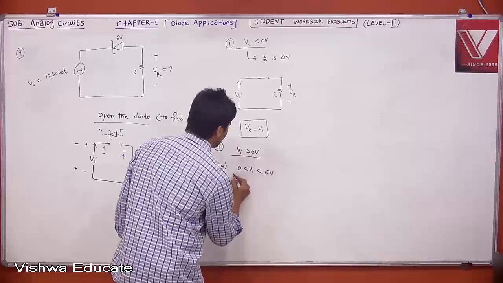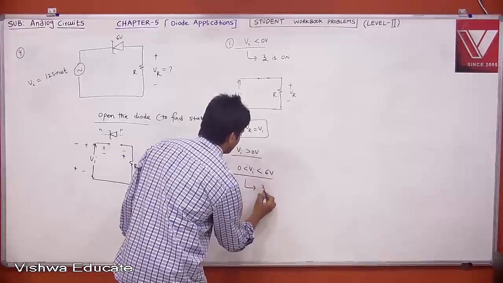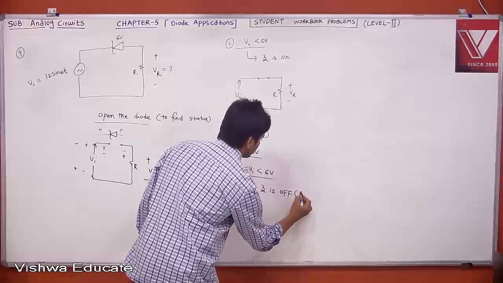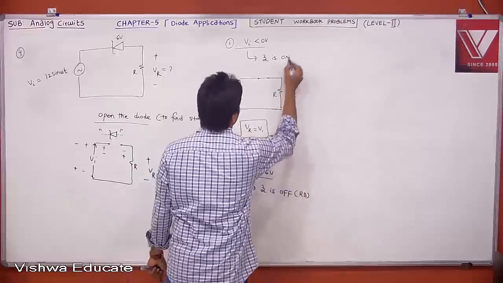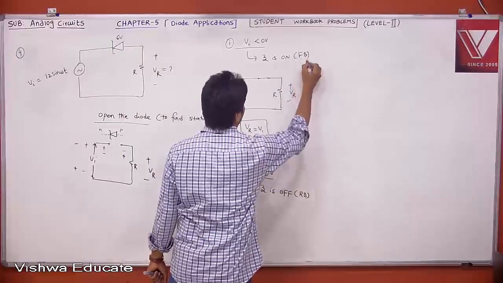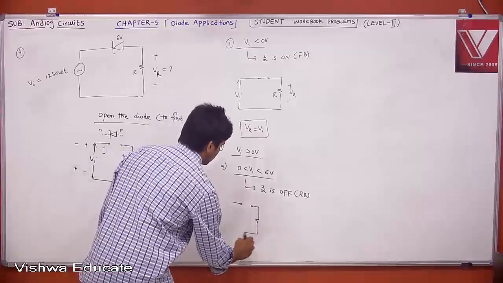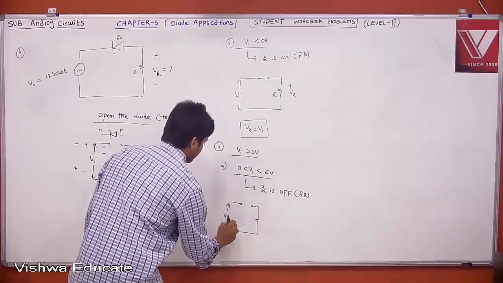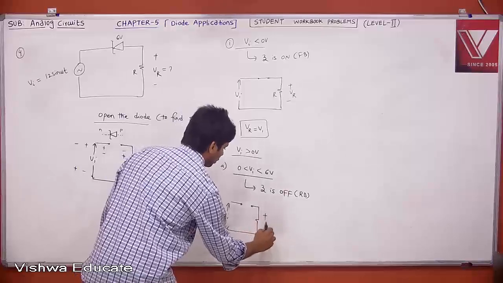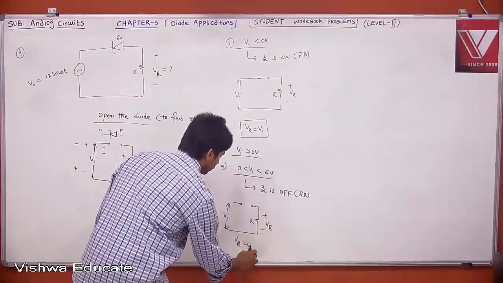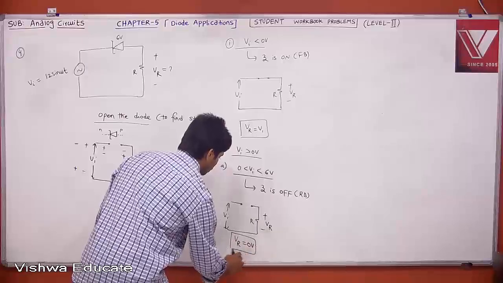Therefore, your Zener diode is in reverse bias, which is nothing but off, that is open. And this is your VI and this is your VR. Your VR is 0 volt.